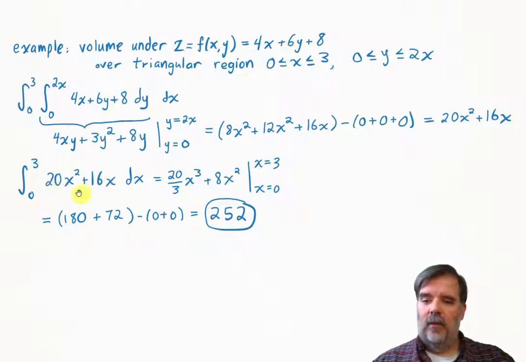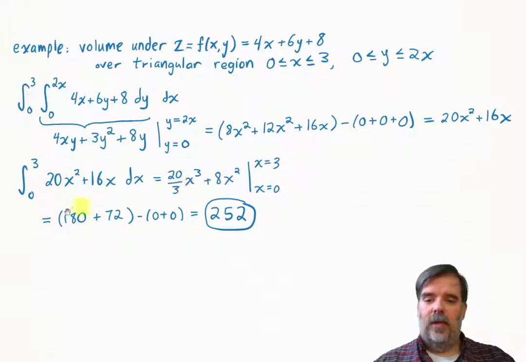So we need the antiderivative of this function. The antiderivative of 20x squared is 20 over 3 x cubed. The antiderivative of 16x is 8x squared. Then we want to evaluate that between the bounds on the integral, so from x equals 0 to x equals 3.